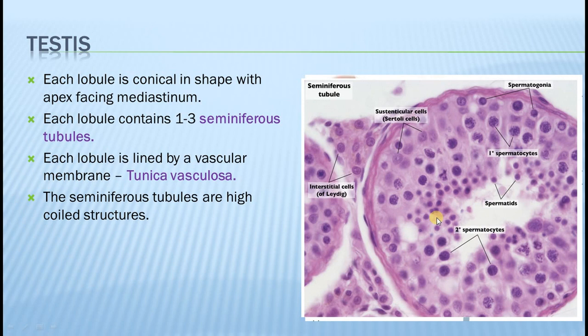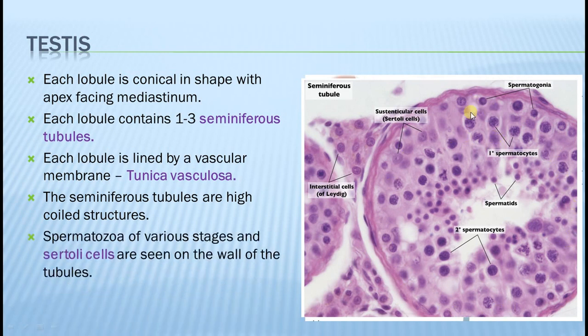Now before that, you are able to see the seminiferous tubules. A cut section of the seminiferous tubules consists of varying stages of spermatogenesis. Spermatogonia give rise to primary spermatocytes. They are actually from the type B spermatogonia, giving rise to primary spermatocytes by mitosis.